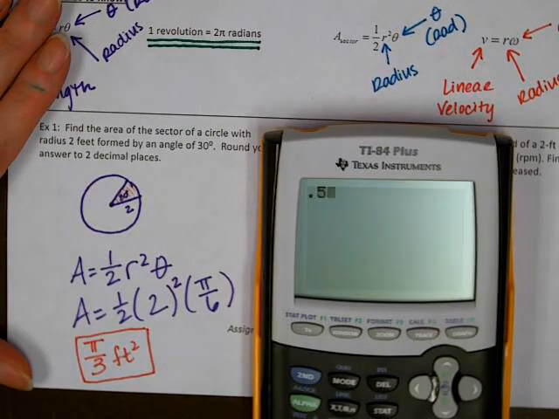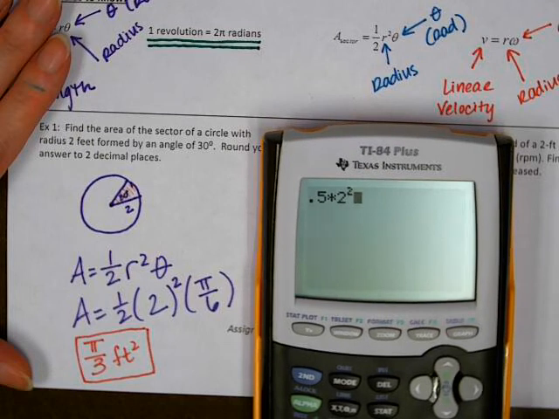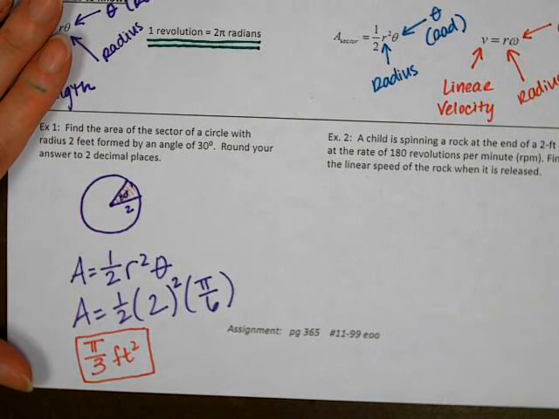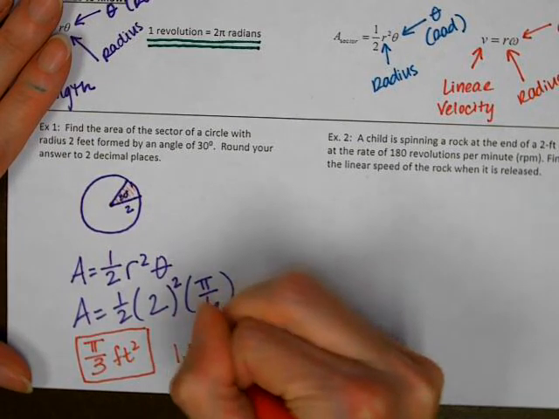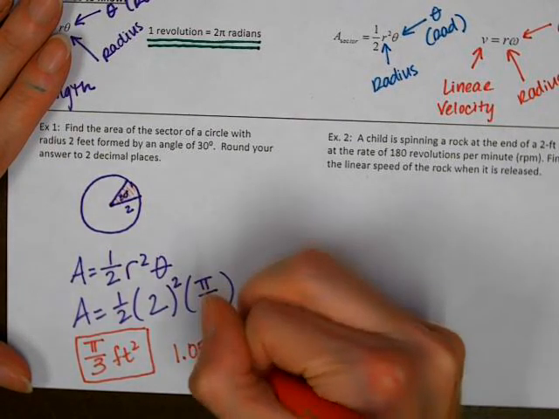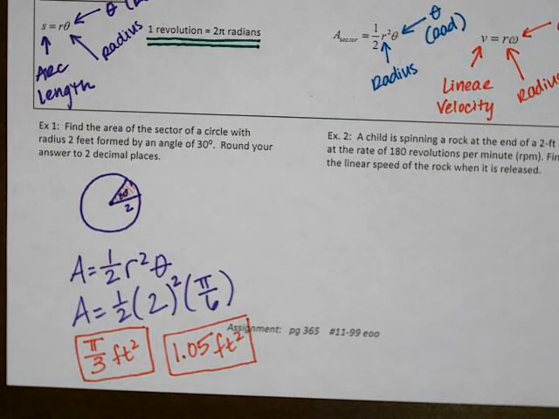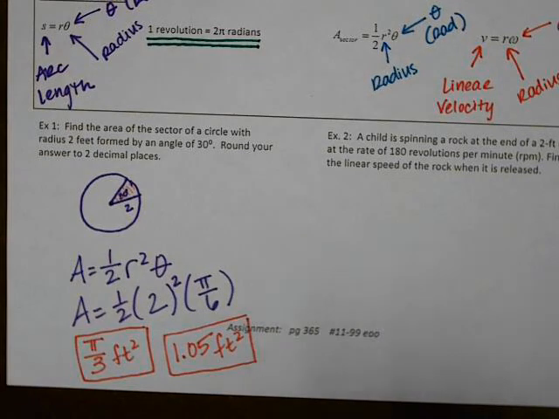So 1/2 times 2 squared times pi over 6. And as a decimal, it would be 1.047. 2 decimal places, so 1.05 feet squared. Okay, so depending if they say exact or rounded, those are both fine.